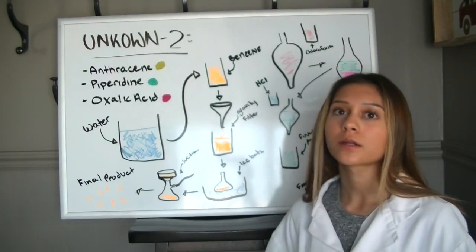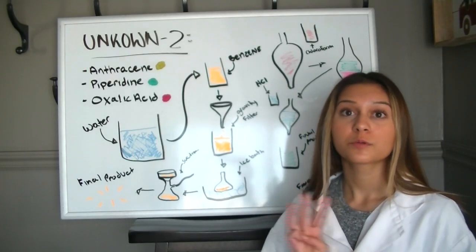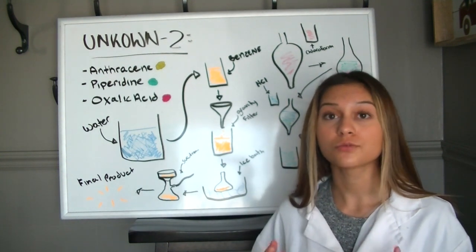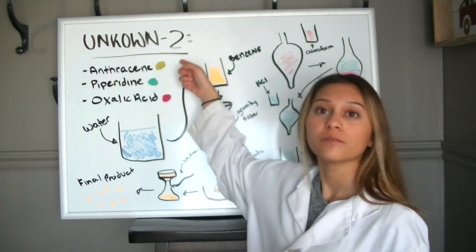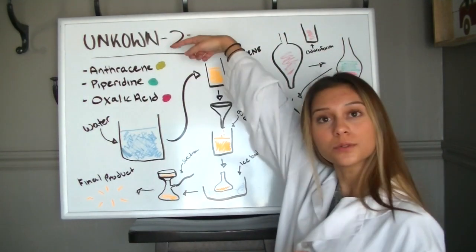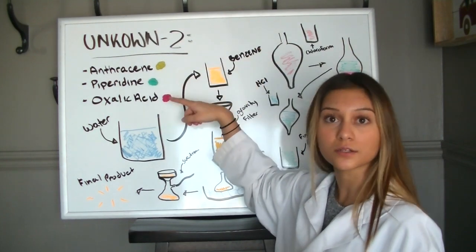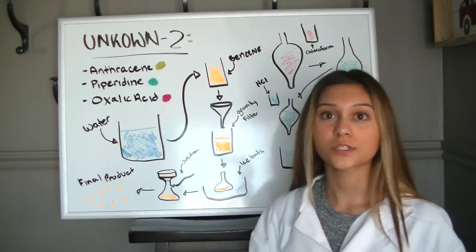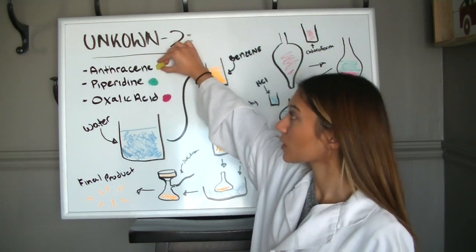We will now look at an unknown mixture that consists of 3 different compounds, and we will talk about the best way to separate each of these compounds into their purest forms. We have unknown 2. Unknown 2 consists of anthracene, piperidine, and oxalic acid. First, let's take a look at the solubilities of each compound.